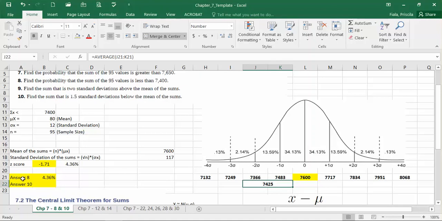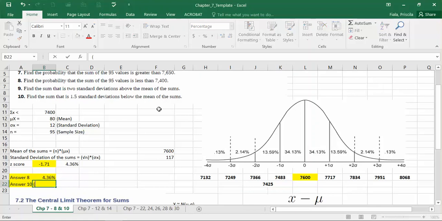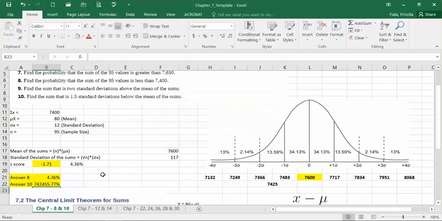To confirm that, we're going to go over here and do equals, what is your mean? 7,600 minus, below the mean, 1.5 times your standard deviation. So you're doing 1 times 117 and then half times 117, and you should find a value that should not be a percentage.